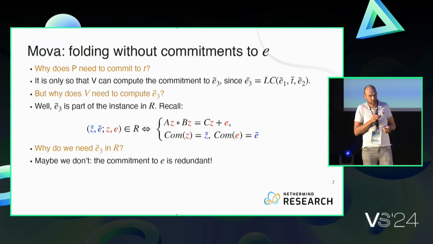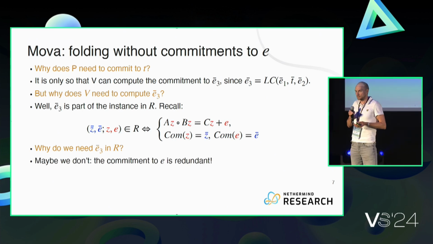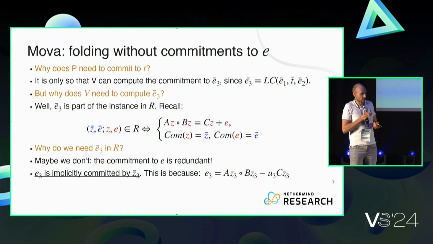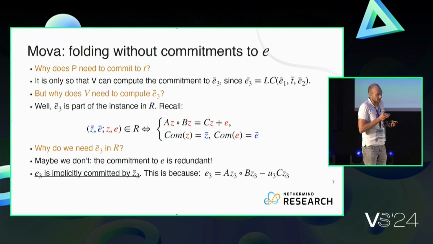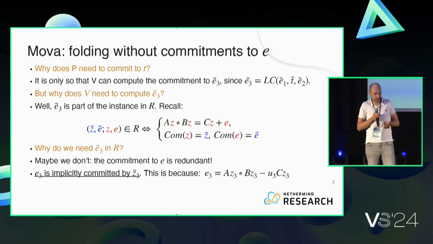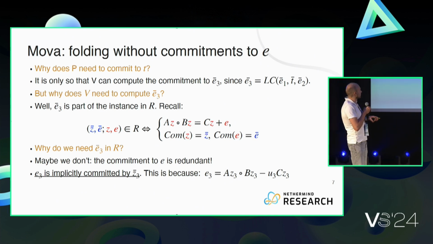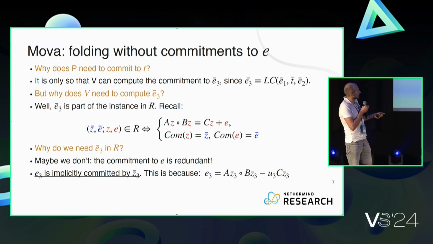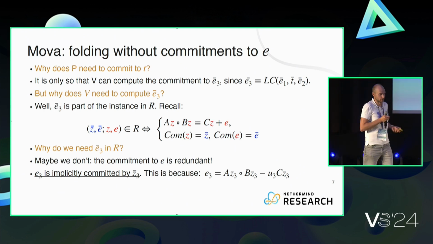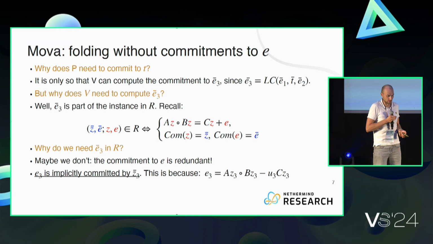Maybe not, because, as we observed, the commitment to E, to this error term, is actually redundant, and this is because E3 is implicitly committed to by the commitment to Z3 bar, and this holds from this equation below, right? So if we have public values A, B, C, and, sorry for the confusion, you shouldn't be here, because we have this simplified version of relaxed R1CS instance, and we have Z3. Then E3 is known, right? We can solve this equation.